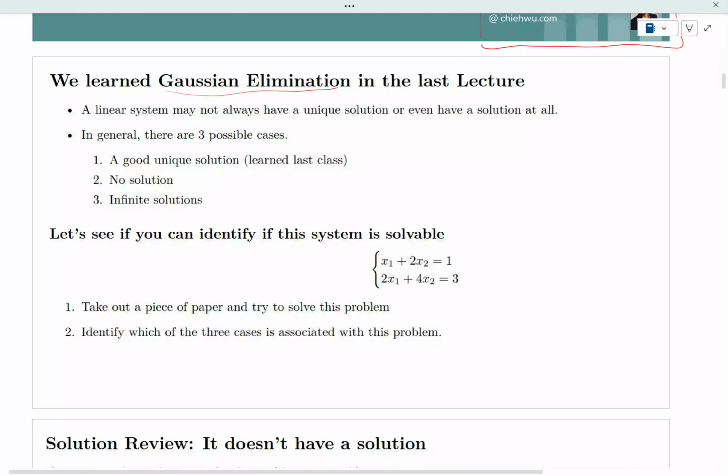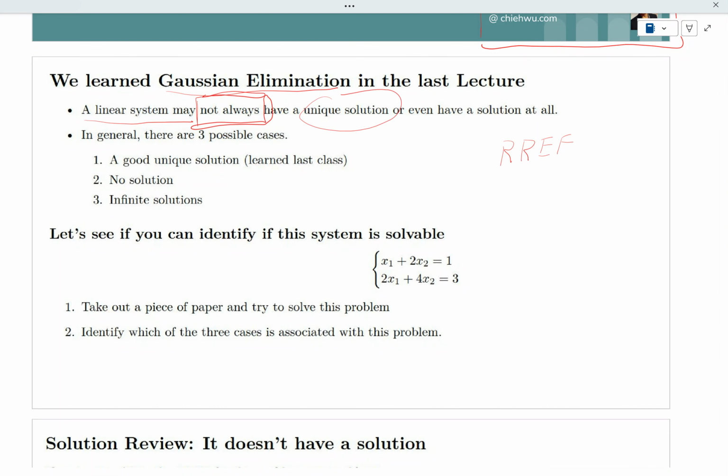Basically, you can manipulate a system of equations, and by manipulating them in a smart way into what we call the RREF, we are able to come up with some kind of solution for the system of equations. However, a linear system of equations may not always have a nice unique solution.